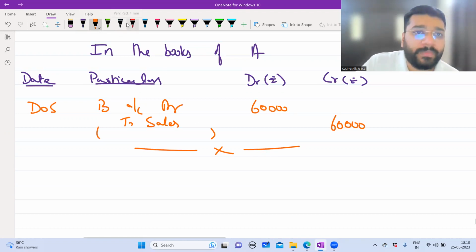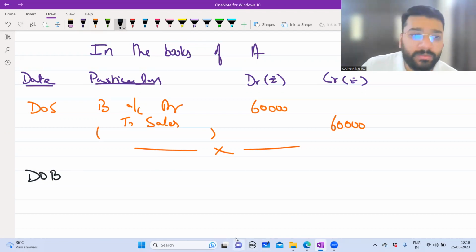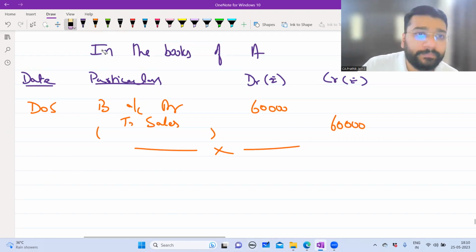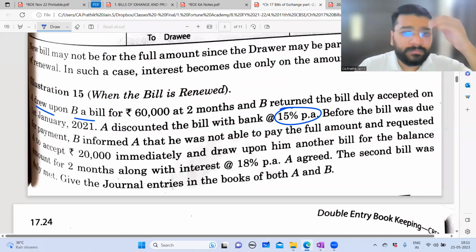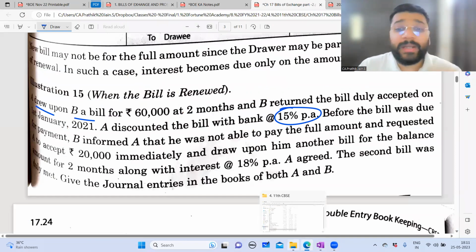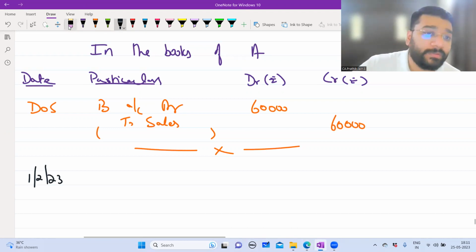Okay, wonderful. Next, on the date of the bill of exchange being accepted, what is that date? 1st Feb, so 1/2/2021.